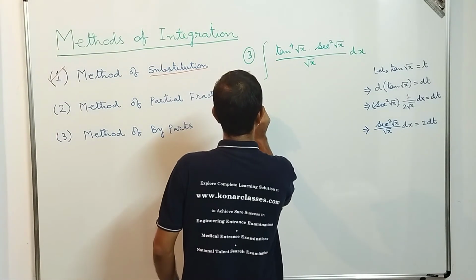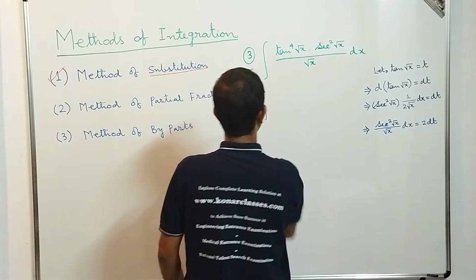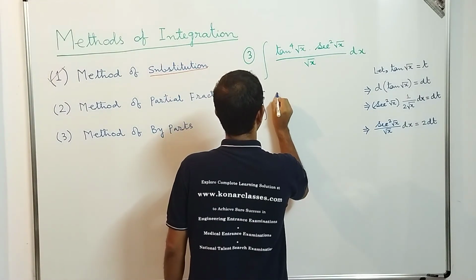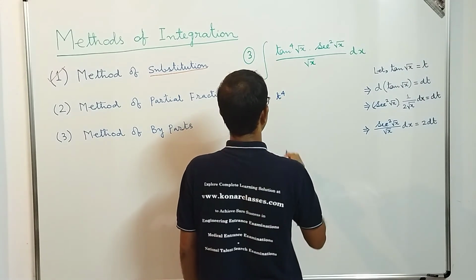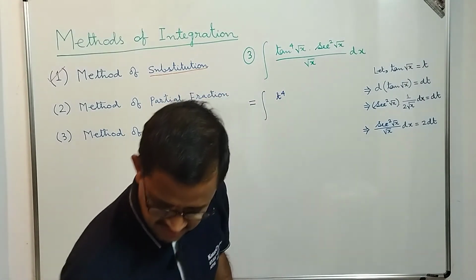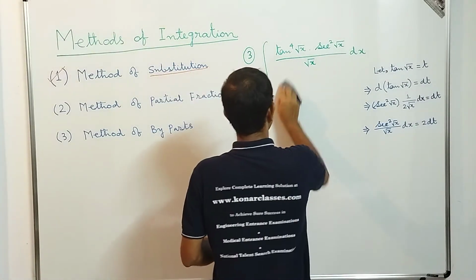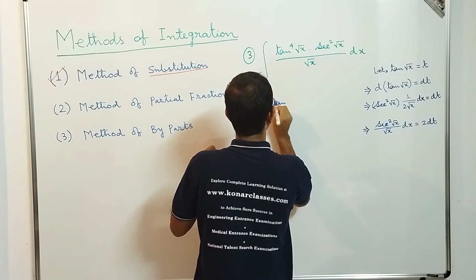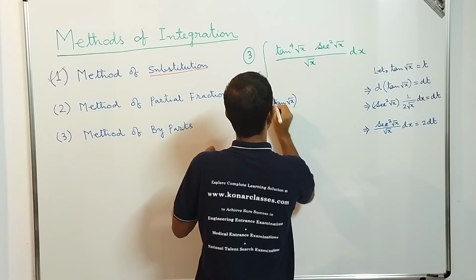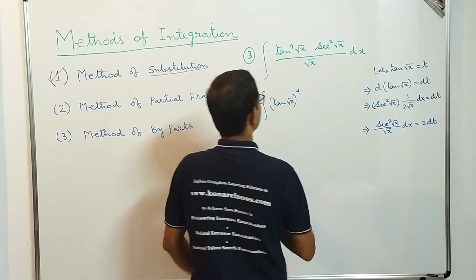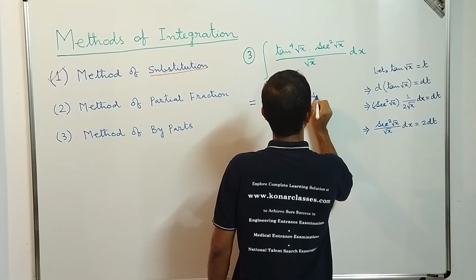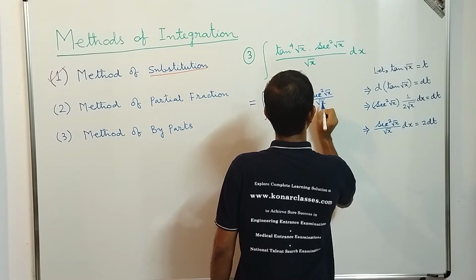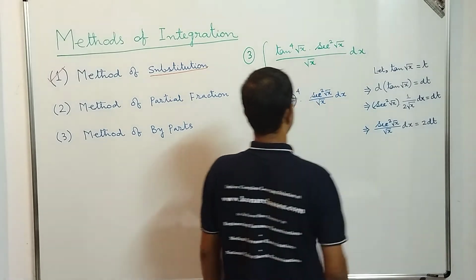So dear students, this given integration is now coming as integration. Tan to the power 4 of square root of x should be what? It should be t to the power 4. Correct? So let me write it like this: tan of square root of x to the power 4 into sec square root of x divided by square root of x into dx.